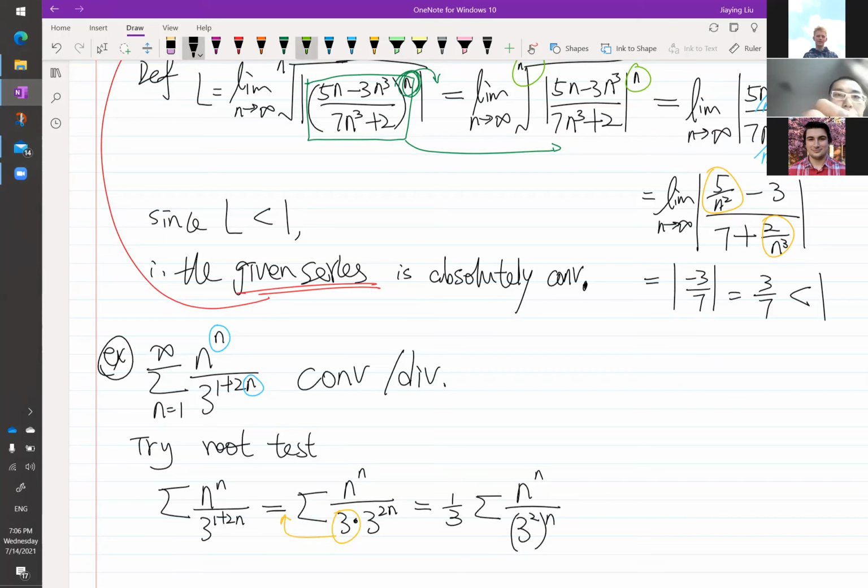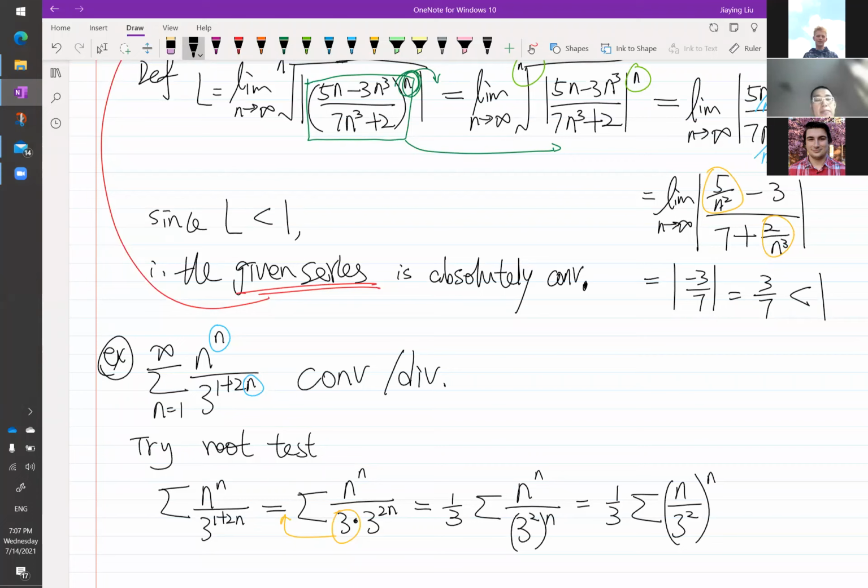The reason I'm writing it like this is that now I have this part raised to the power of n. So that becomes 1/3 sigma n over 3 squared, raised to the power of n.